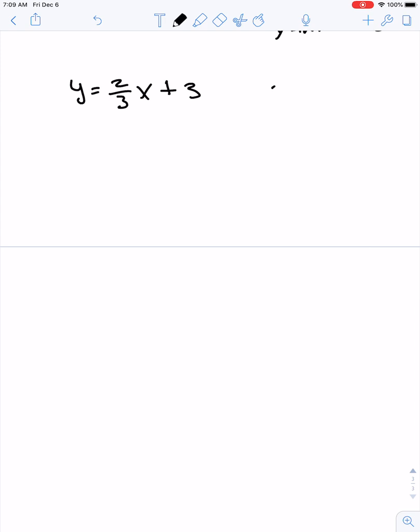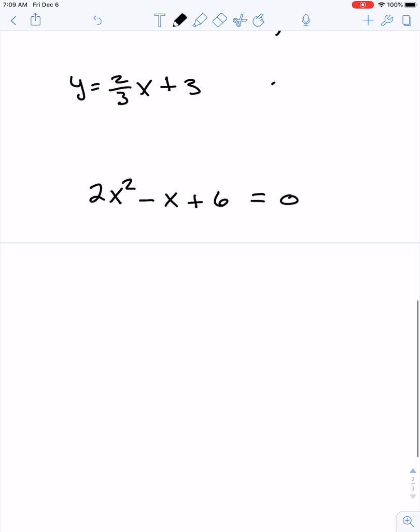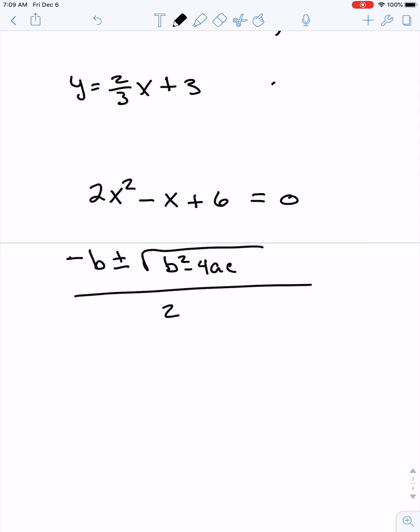You had a section that dealt with quadratics. So this question says find all complex solutions of the quadratic 2x squared minus x plus 6. To solve this, you will need to use the quadratic formula, where a is your lead coefficient of x squared, b is your lead coefficient of your linear term, and c is your constant.